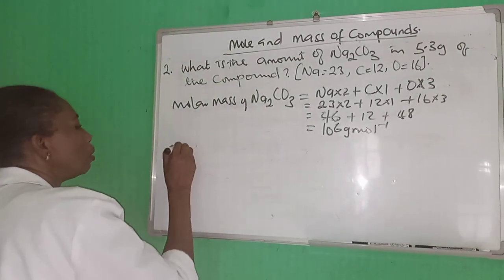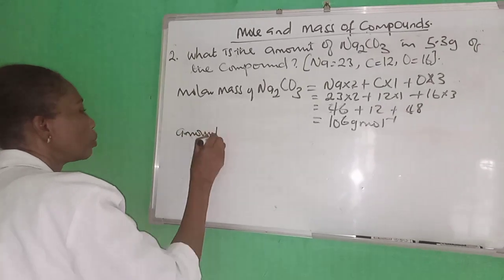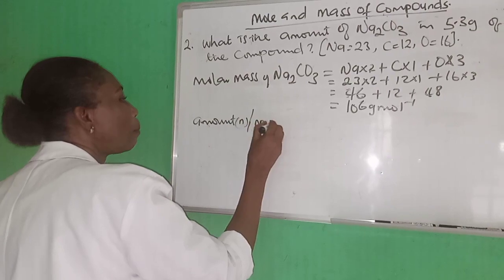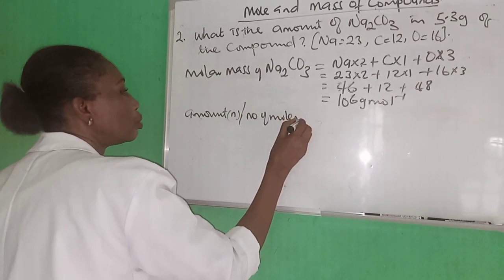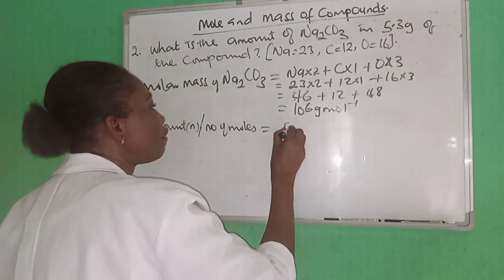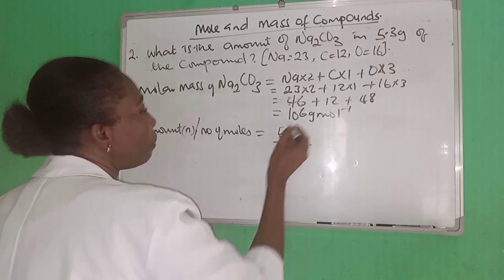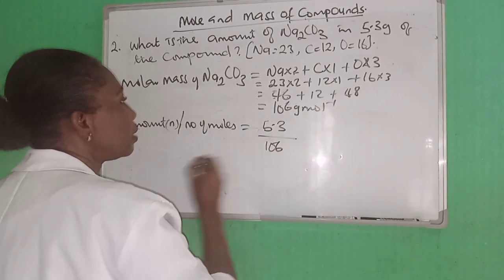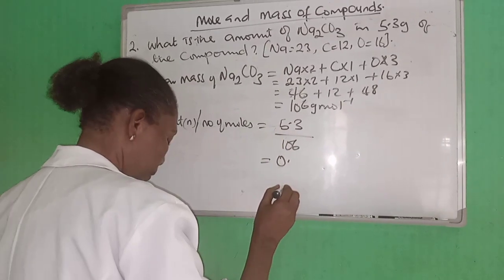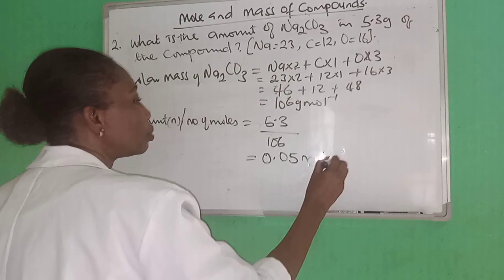So we have amount, n, which is the same as saying number of moles, is equivalent to, what's the mass we were given? We were given 5.3 grams divided by the molar mass, which is what? 106. And that gives us 0.05 moles.